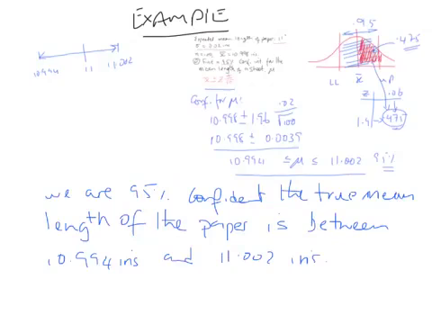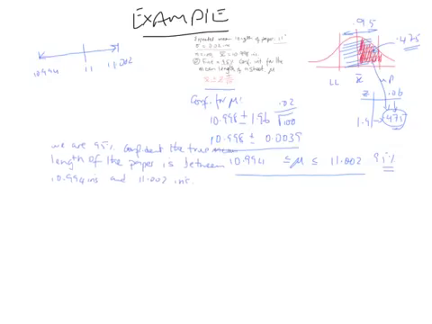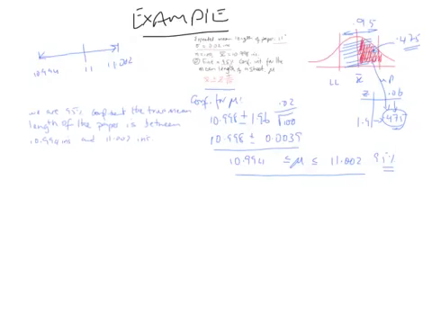Yes, we can be wrong. And because this confidence interval is a 95% confidence interval, it means that there's a 5% chance the interval does not contain the mean.